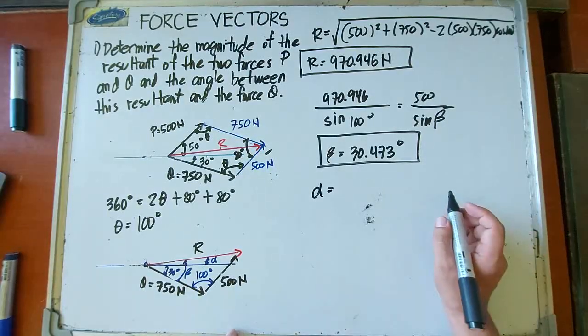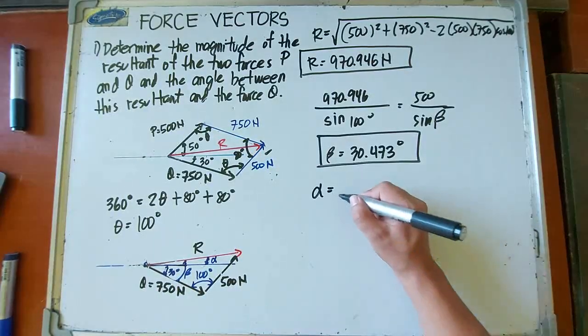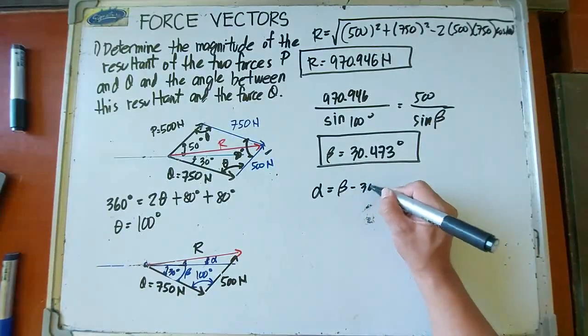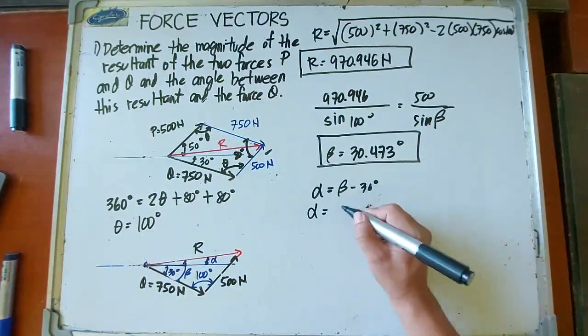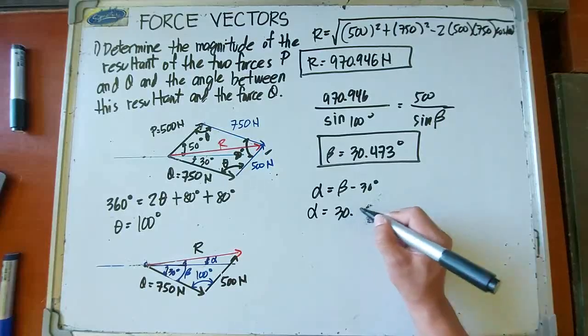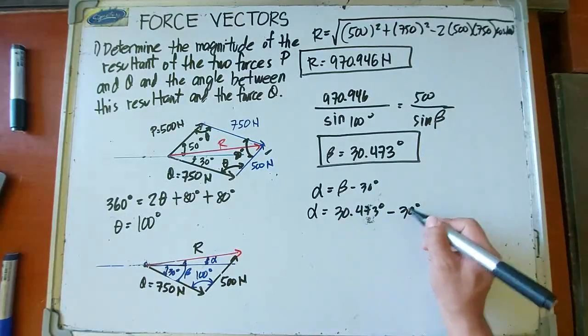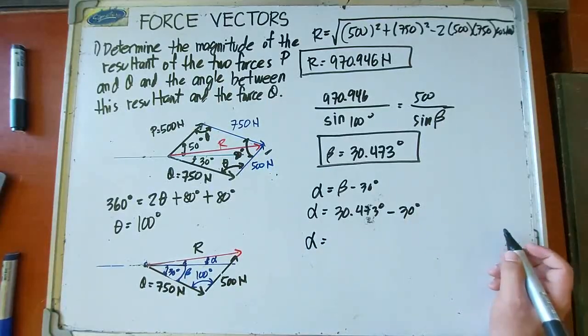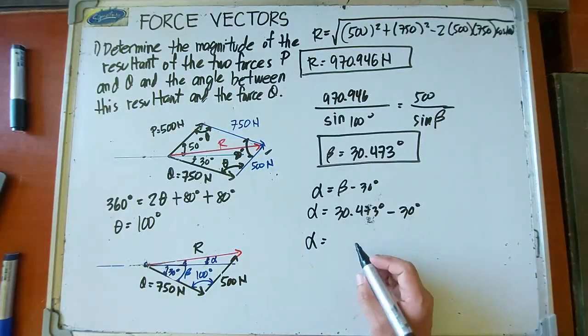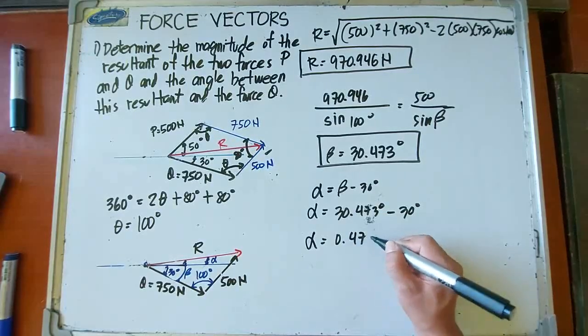Okay. So angle alpha is simply the difference between beta and 30 degrees. So alpha is equal to 30.473 degrees minus 30 degrees. Then alpha is equal to 0.473 degrees.